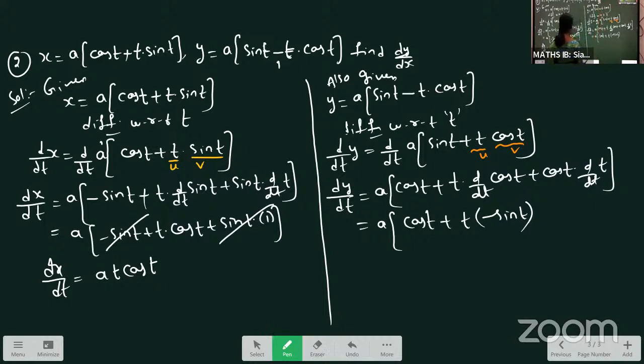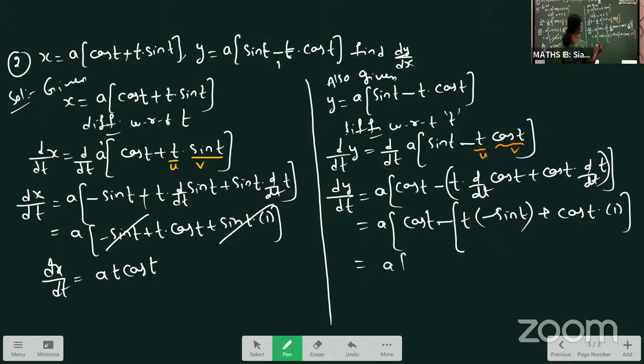When you are differentiating, sin t derivative is cos t, then plus open the bracket: t into derivative of cos t, which is minus sin t, plus cos t into derivative of t, which is 1.